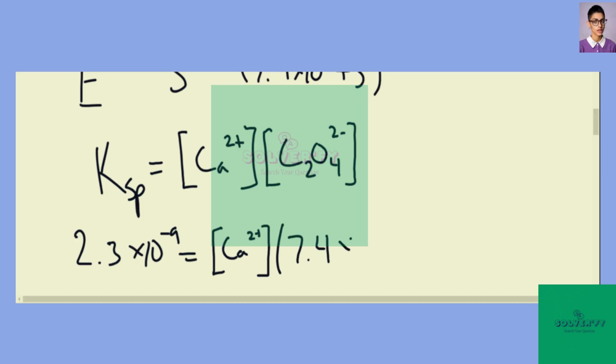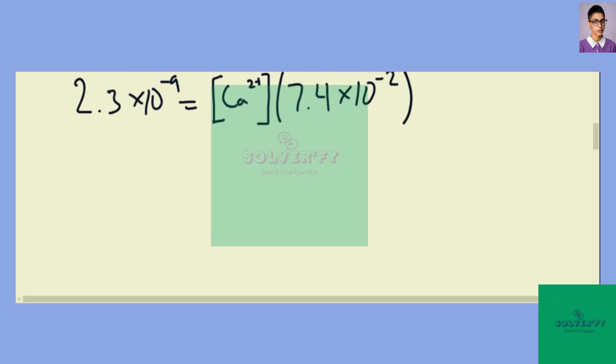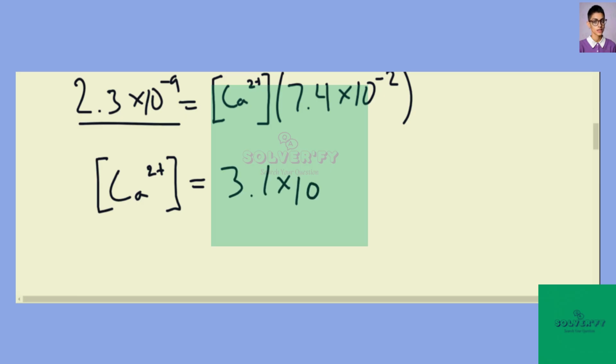It's 7.4 times 10 to the negative 2. So we just move the calcium over, and we move this over as well, and we just divide it over, and that equals 3.1 times 10 to the negative 8 molar.